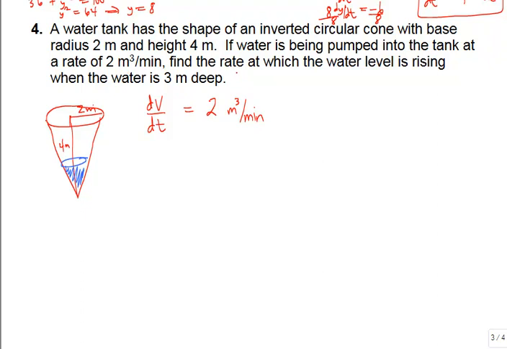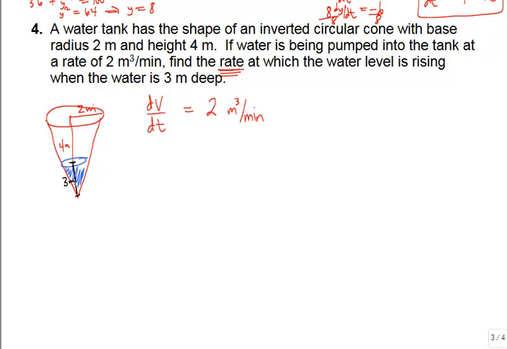What we're being asked to find is the rate, in other words, the derivative, at which the water level is rising when the water is 3 meters deep. Okay, so at some moment in time, this depth of the water is 3 meters. But that's constantly changing, right?